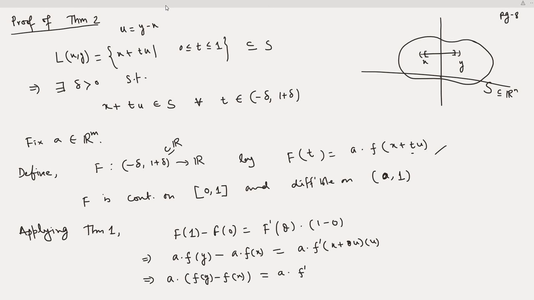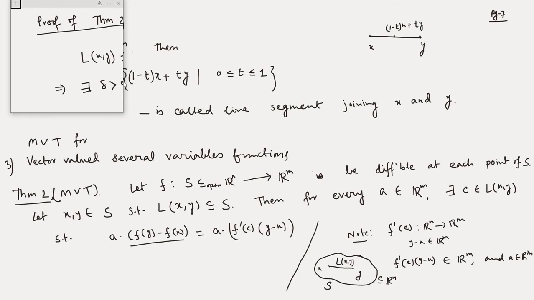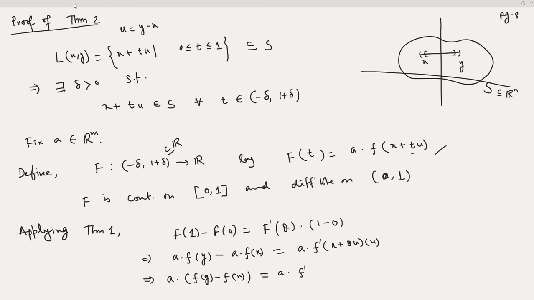Okay, so what is the statement? We can denote the point by c: f prime of c acting on u equal to y minus x, where c equal to x plus theta u, and theta belongs to the open interval (0, 1).